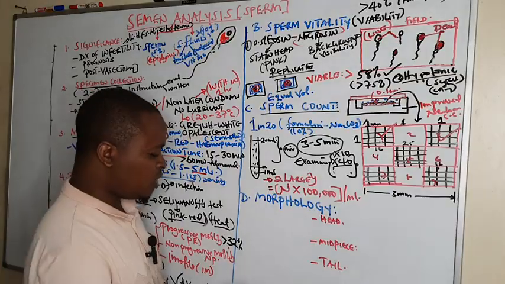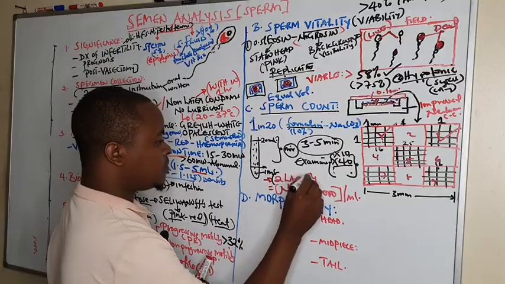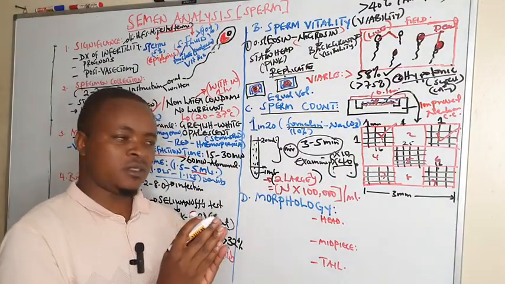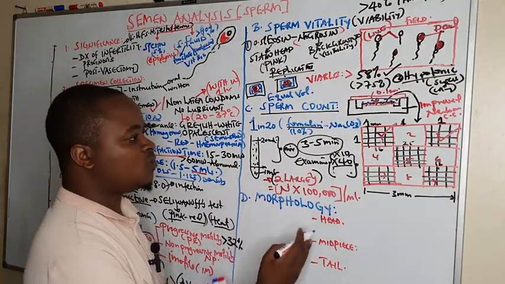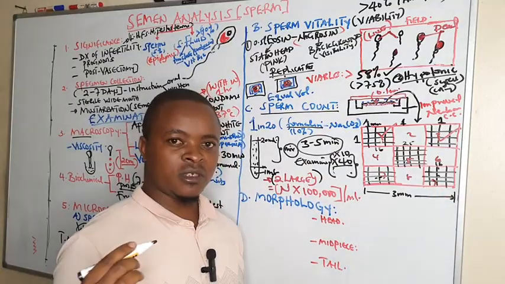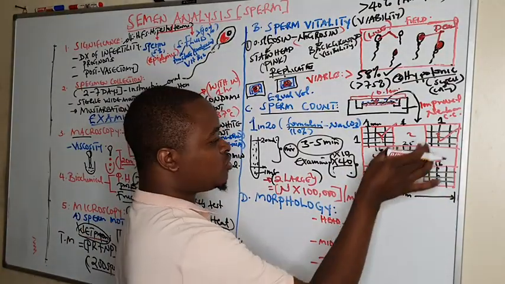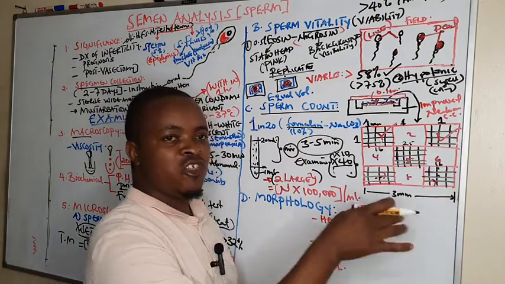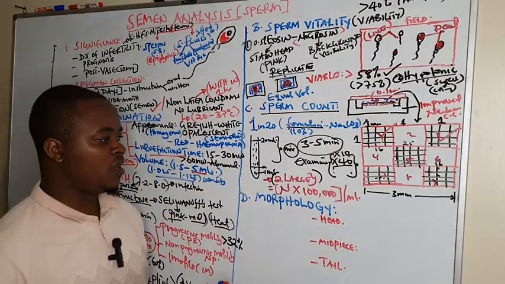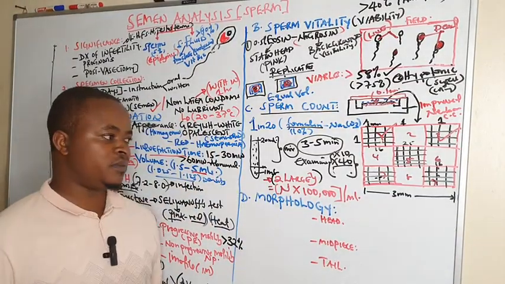So everything should be done in replicate. After counting 2 large squares, you can also choose others. Then you get the average. And in case the 2 countings do not agree, you make another preparation until they agree, and then you obtain the average.